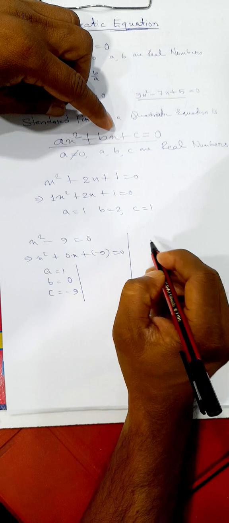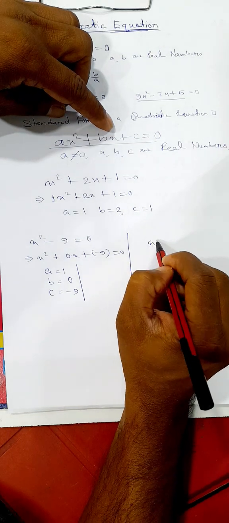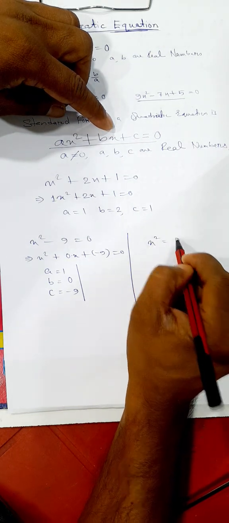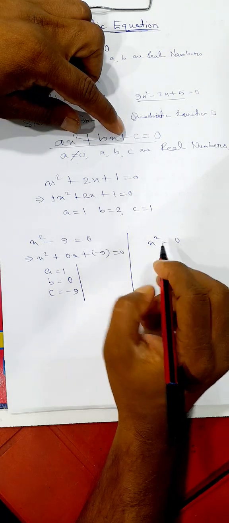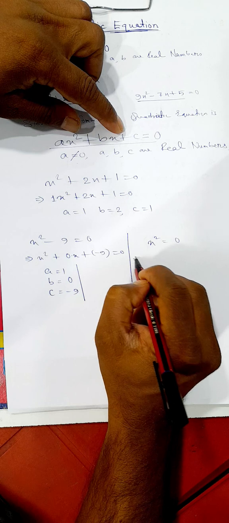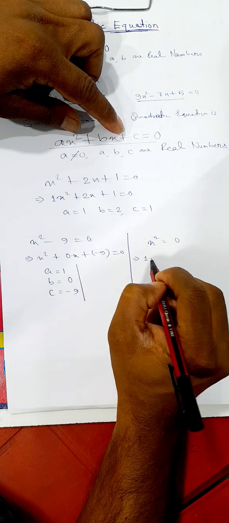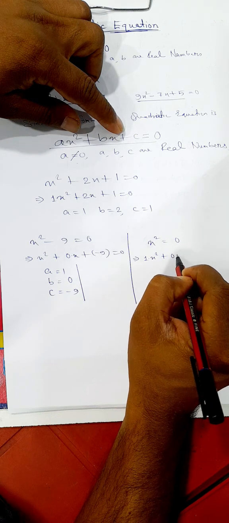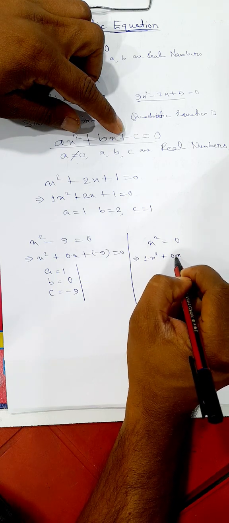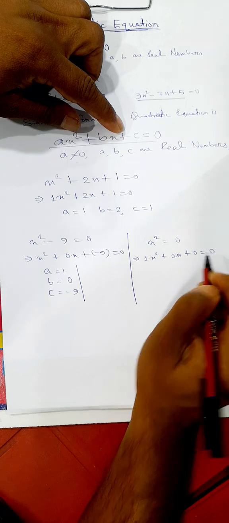Now let's compare this equation, say for example, x square equal to 0, with the standard form of quadratic equation. You can write it as 1x square plus 0x plus 0 equal to 0.